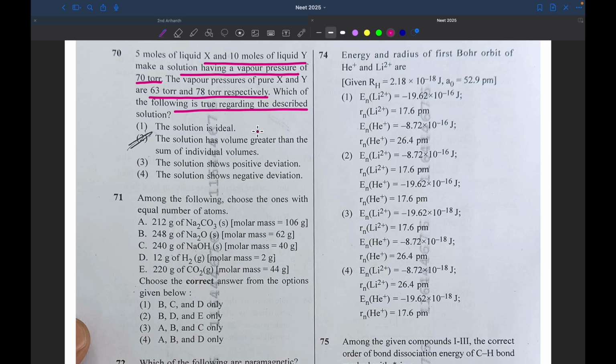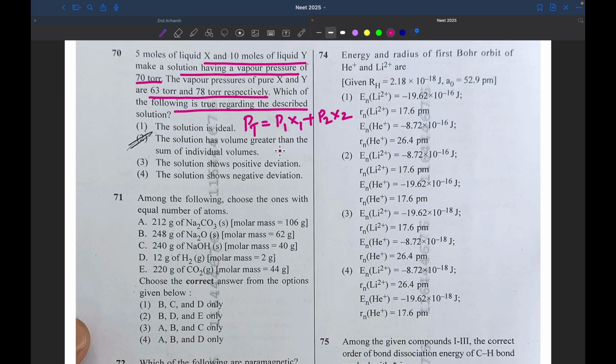So we can solve this one, but how? P total equals P1 times X1 plus P2 times X2, right? P total is 70 torr, and the vapor pressures of X and Y are given. So we calculate the individual pressures and equate. If this comes to 70, the answer is ideal.